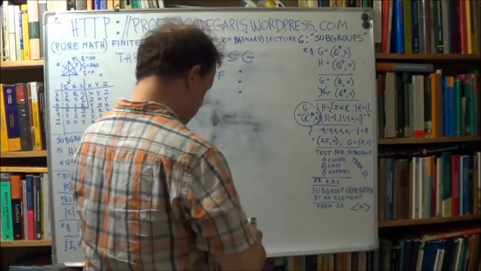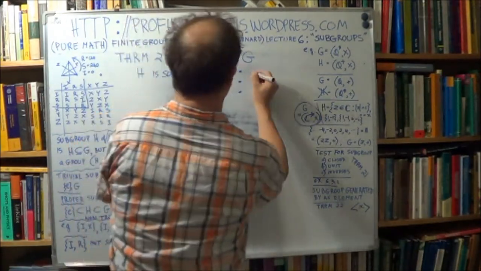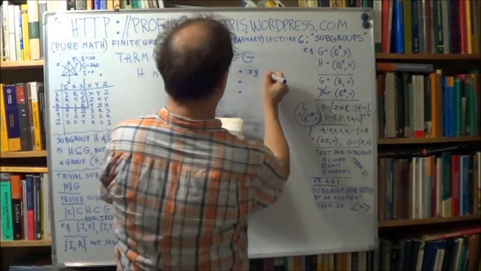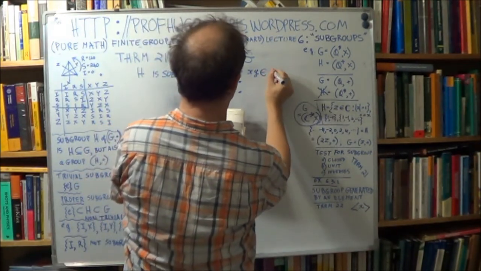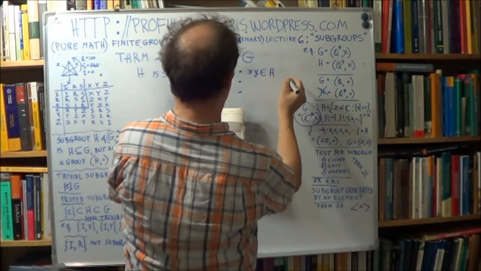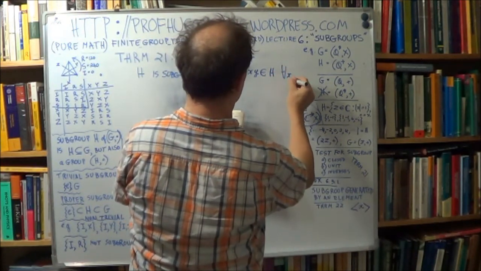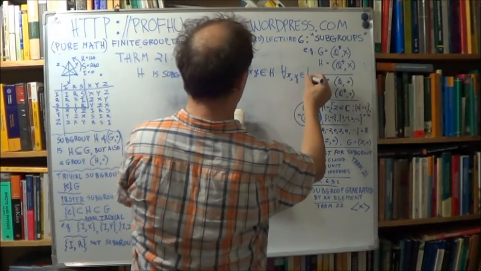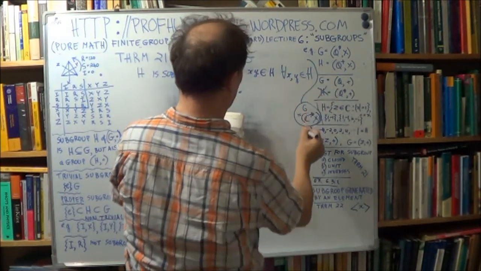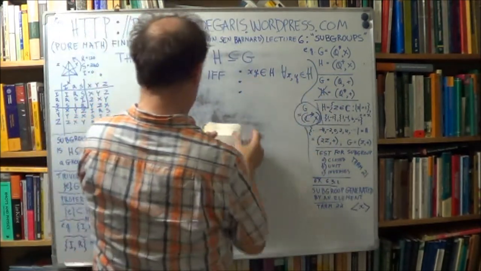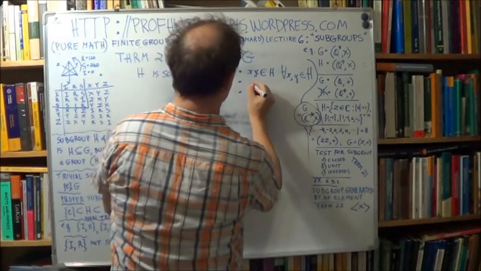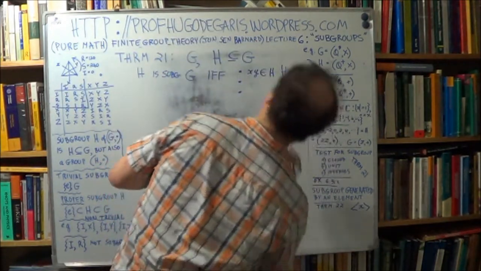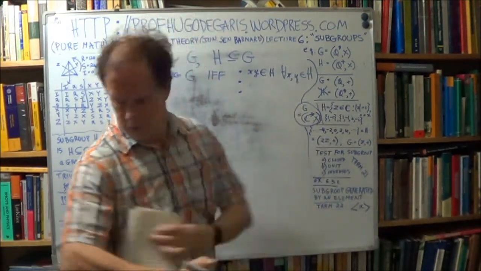Now, what are these three conditions? Let xy belong to H for all x and y belonging to H. The next condition is that E belongs to H. The pen is dry.